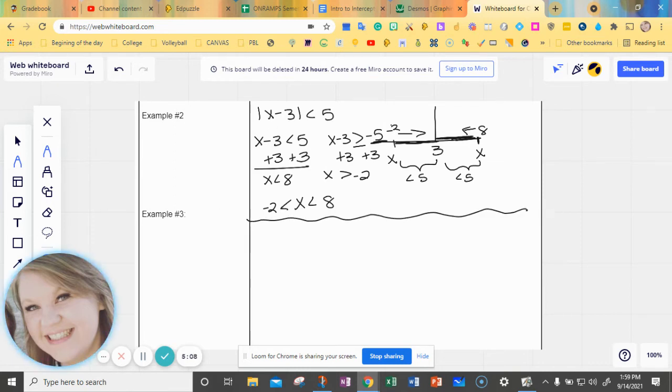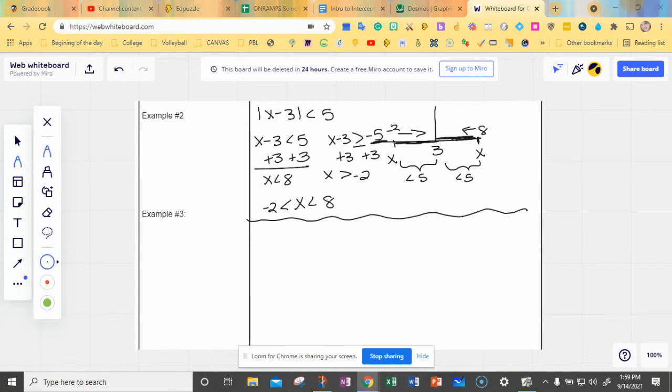All right, so let's look at this last one. So if I wanted to take this function, f of x is equal to negative 1/2 times the absolute value of 4x minus 5, plus 3.